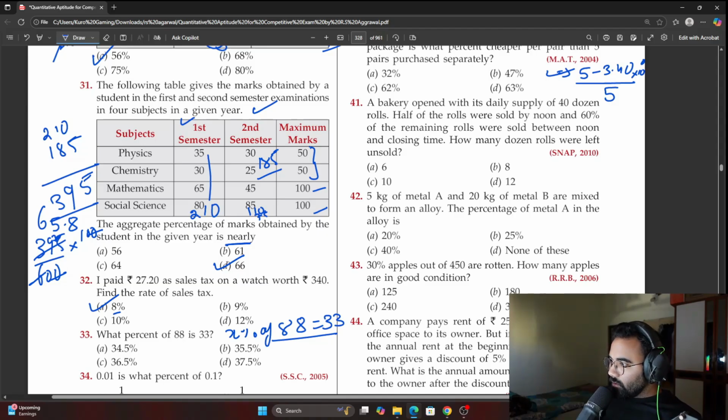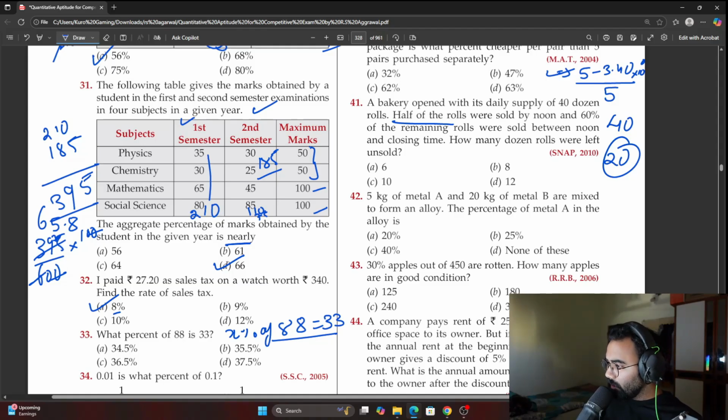All right, so first of all, this is a pretty straightforward question. 40 dozen rolls, half of the rolls were sold by noon, so that is 20 were sold. So how many were remaining? If half were sold, so half remains, that is 20 remaining. And from this 20, the 60% were sold between noon and closing time. So I need to calculate 60% of 20.